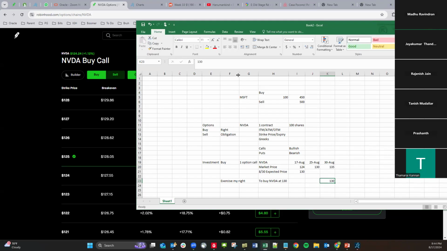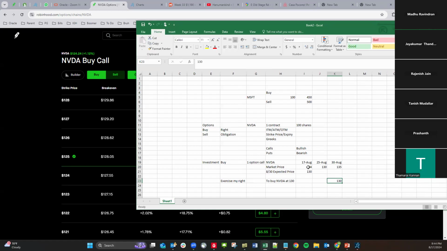But let's assume the strategy that we are able to exercise my right, then I can buy NVIDIA shares at 130. And any options call or any of these strategies, one option call means it has 100 shares. So that is a general term. Which means I can exercise my right to buy 100 NVIDIA shares if I bought one option call.